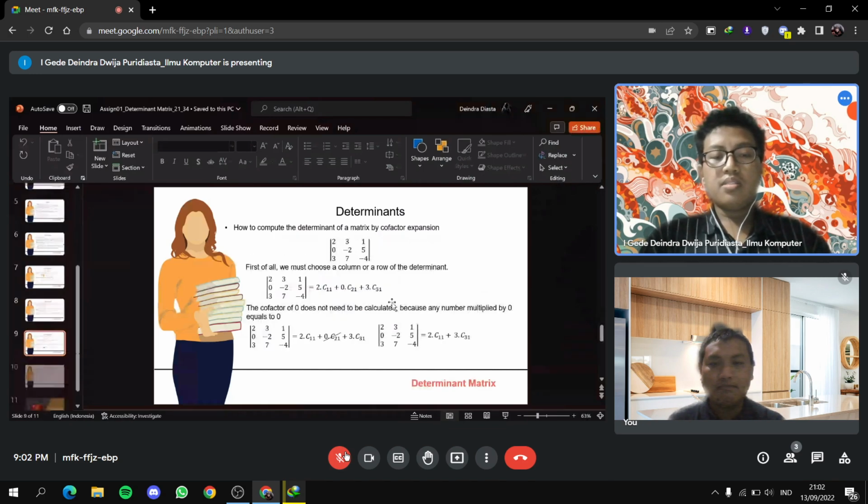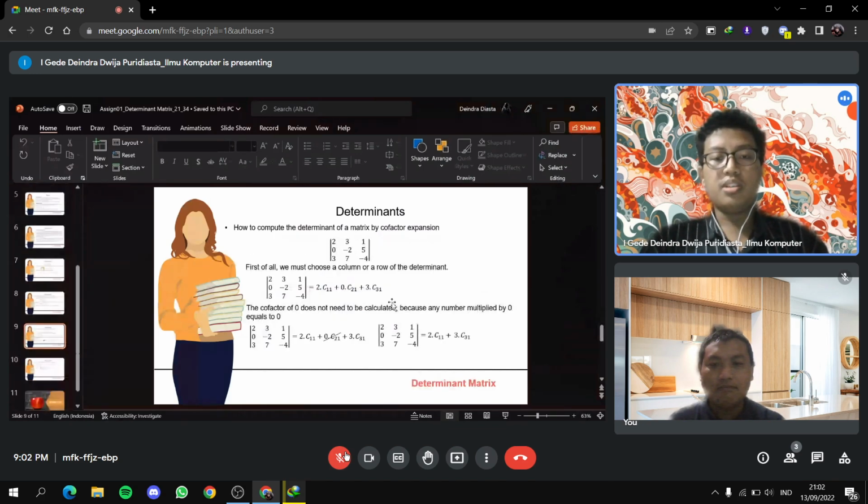For example, I'm going to compute this matrix. First of all, we must choose a column or a row of the determinant. In this case, we choose to apply the cofactor expansion method to the first column since it has a zero and therefore it will be easier to compute.